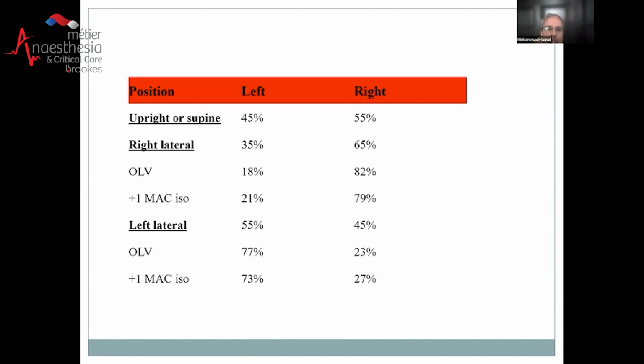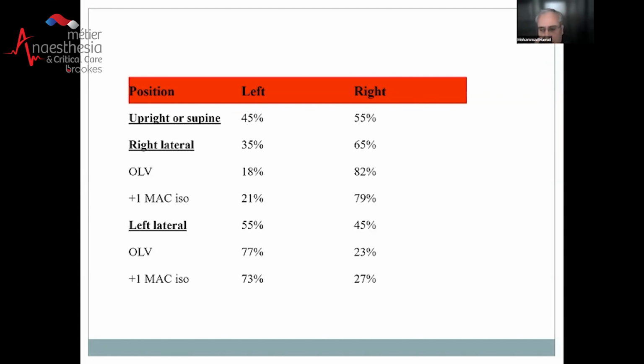As I was discussing the perfusion of the lungs, the right side gets 55% of the perfusion while the left receives 45%. In the right lateral position, when the right lung is down or dependent, the perfusion increases to 65%, and the left lung will receive less blood.